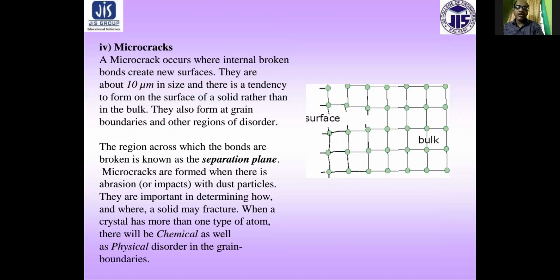The region across which the bonds are broken is known as the separation plane. Microcracks are formed when there is abrasion or impact with dust particles. They are important in determining how and where a solid may fracture. When a crystal has more than one type of atom, there will be chemical as well as physical disorder in the grain boundaries.